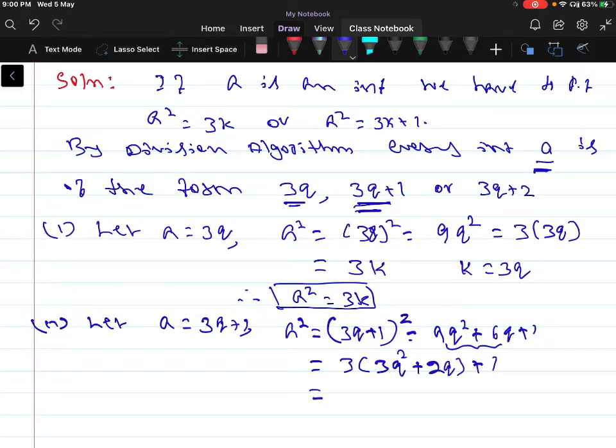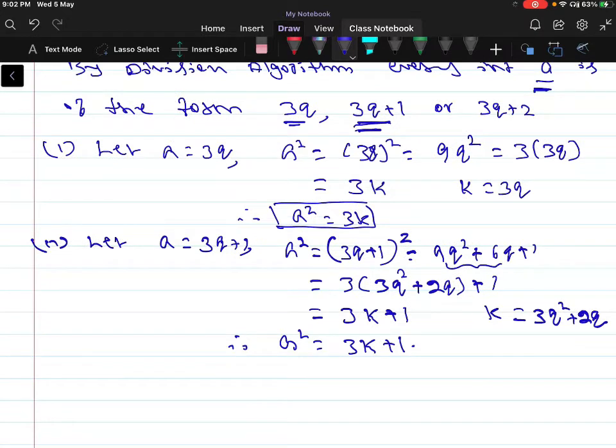So this is equal to 3 times of k plus 1, where k is equal to 3 times of q square plus 2 times of q. Therefore, a square is of the form 3k plus 1.